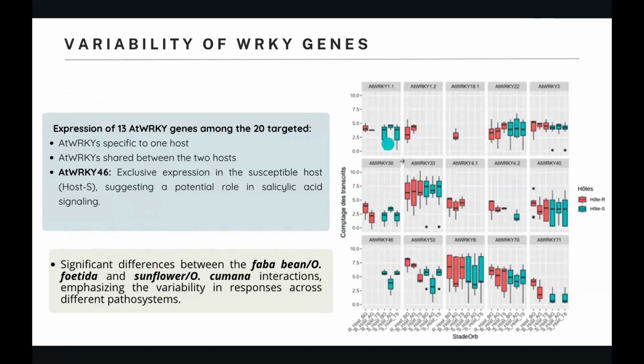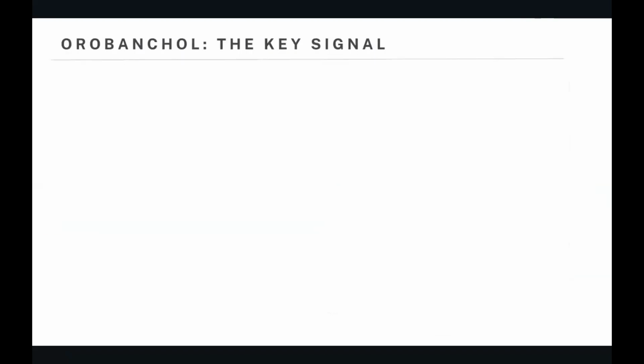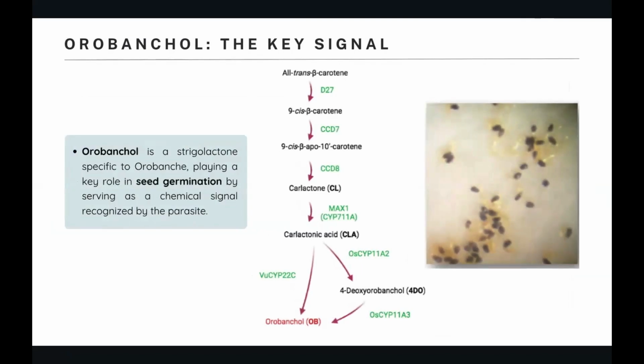So in our study, the resistance of the variety Shuruk was characterized by reduced or complete absence of Orobanche seed germination. Since germination depends on host-derived signals mediated by strigolactones, and in the case of Orobanche species it is orobanchol, we decided to investigate the expression of genes involved in the orobanchol biosynthesis pathway. There are two potential pathways for biosynthesis.